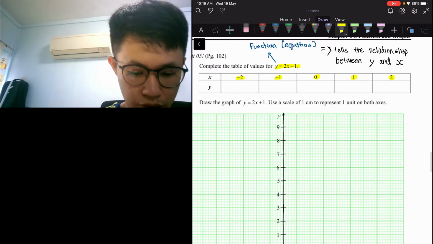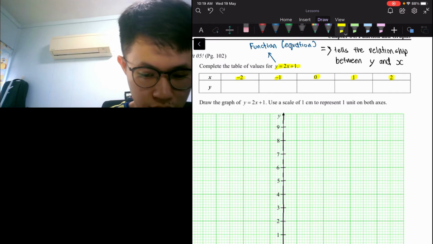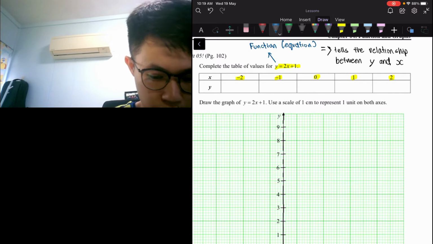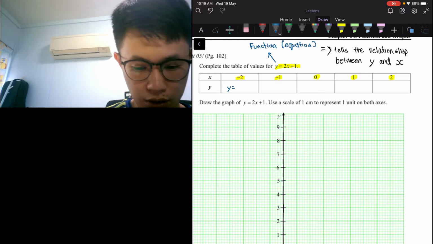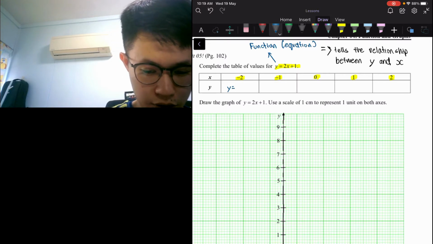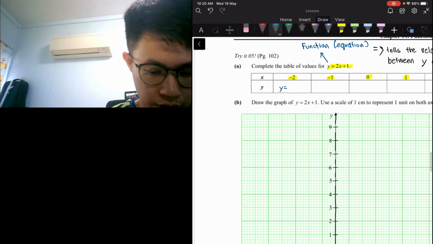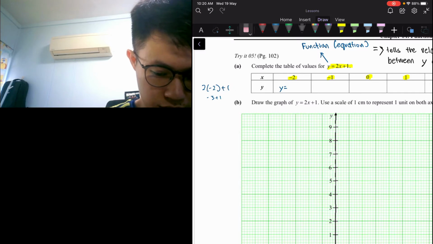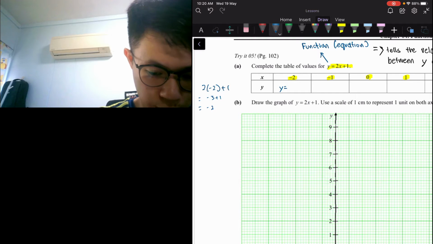So for every value of x, for example now x equals -2, y would then be equal to 2 times -2 plus 1, which gives me -3 plus 1, which gives me -2. So y equals -2.